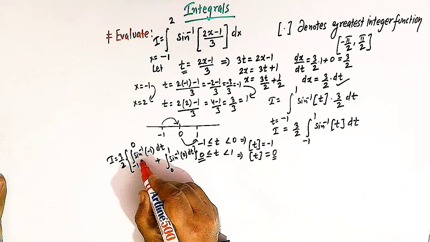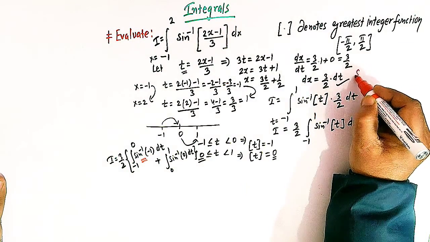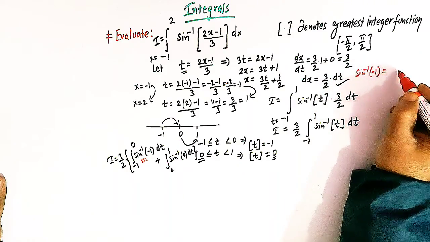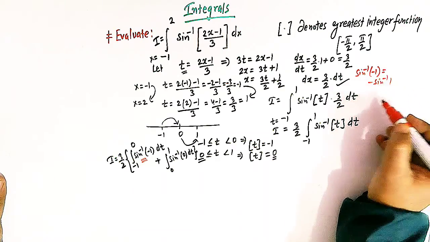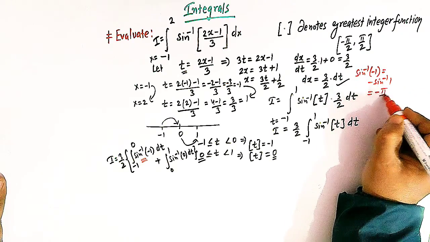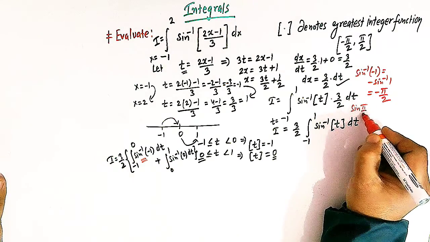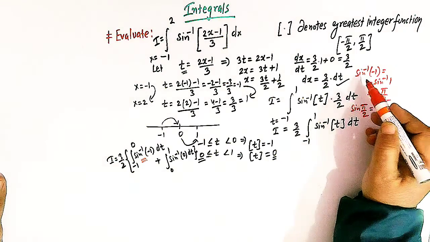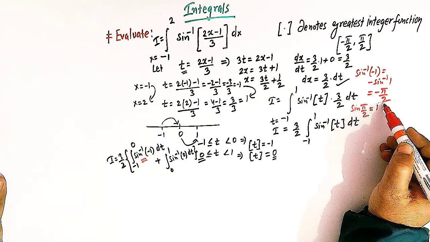Now from here we can see that sine inverse of -1 is given by minus sine inverse of 1, that is minus pi by 2, because sine pi by 2 is equal to 1. So sine inverse of -1 is negative pi by 2.